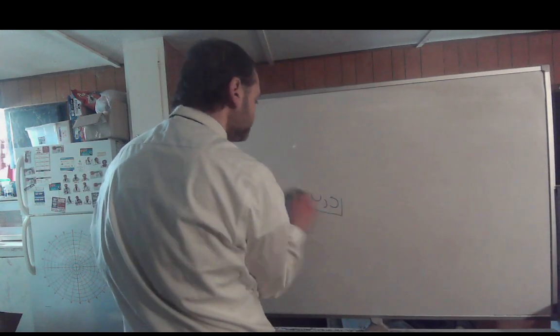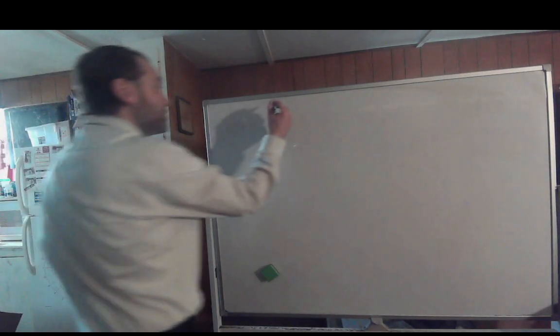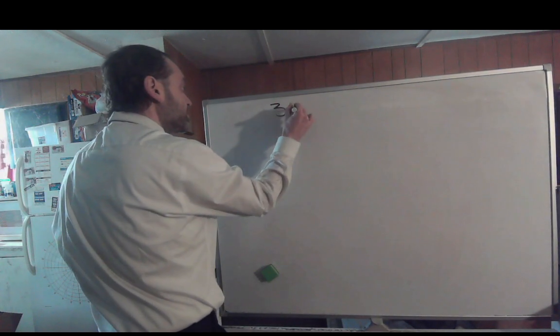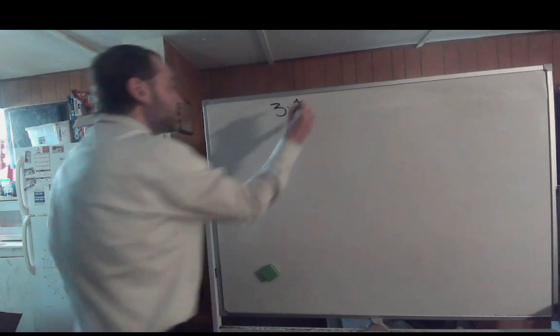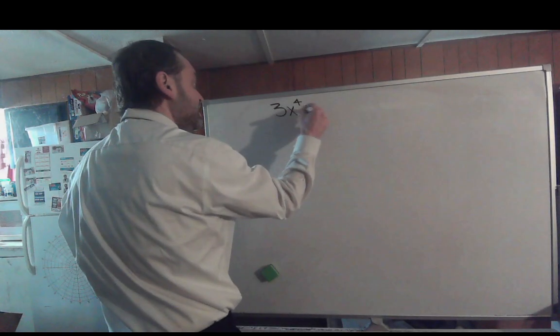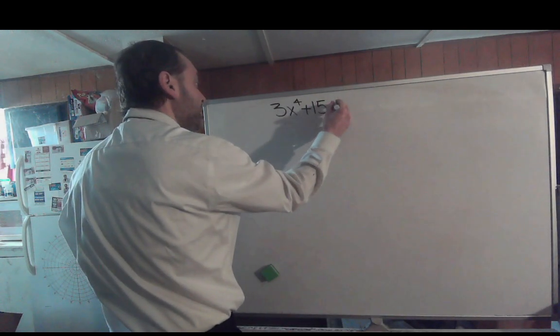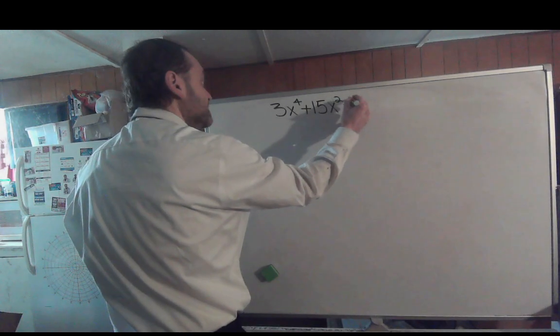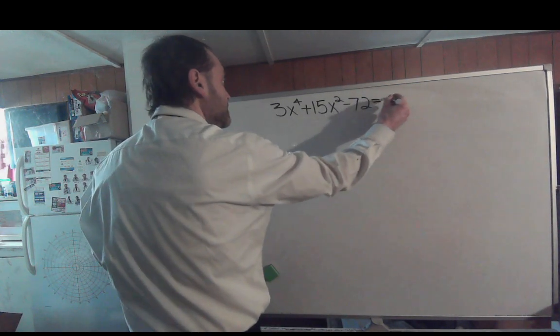Alright, now what if we have something like 3x to the fourth plus 15x squared minus 72 equal to 0.